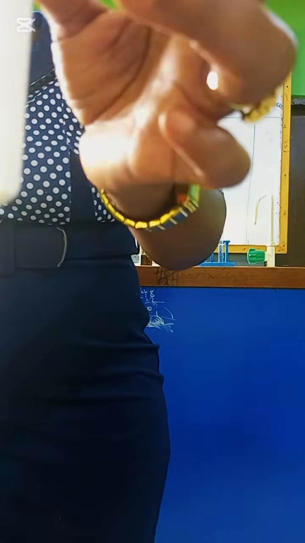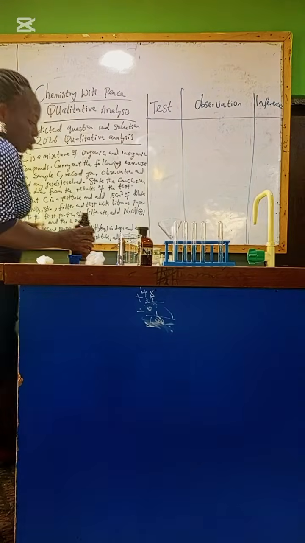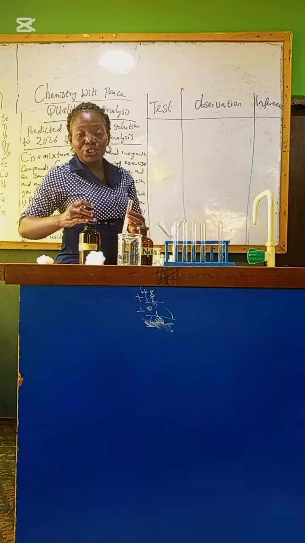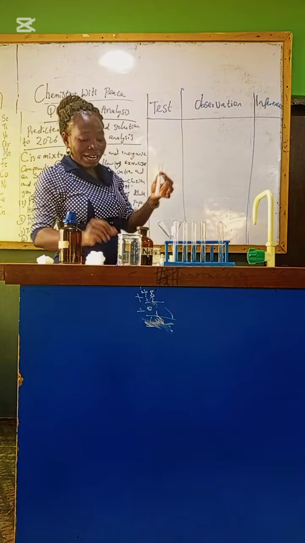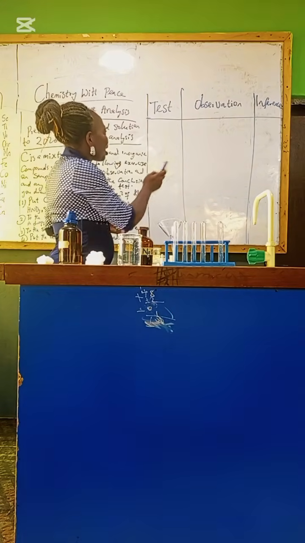Can you see? Effervescence occur. Can you see it? You see the bubbling? So once you perform that action, you write your observation. On addition of that, what do you observe here?